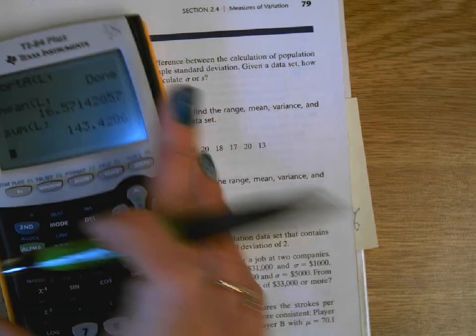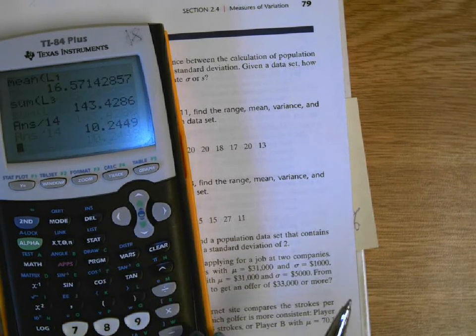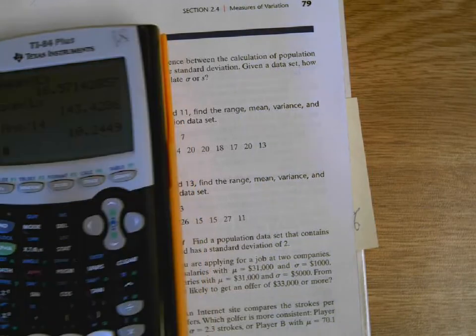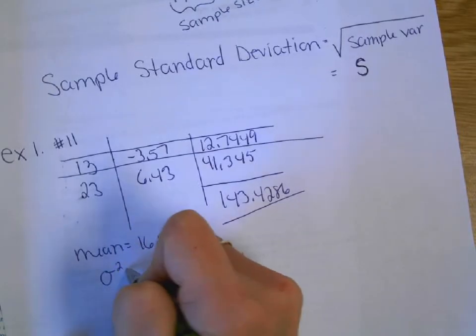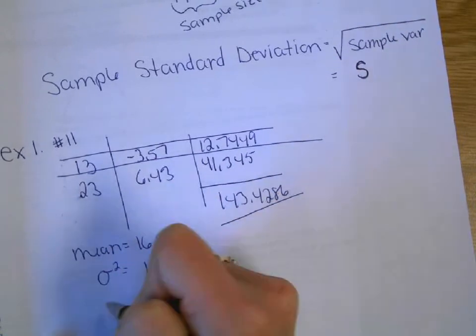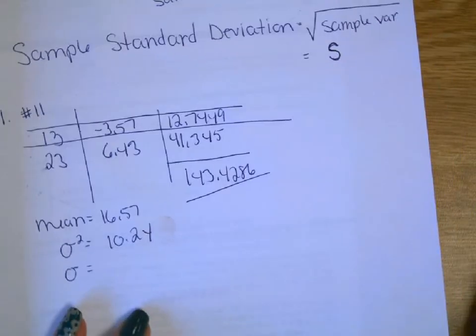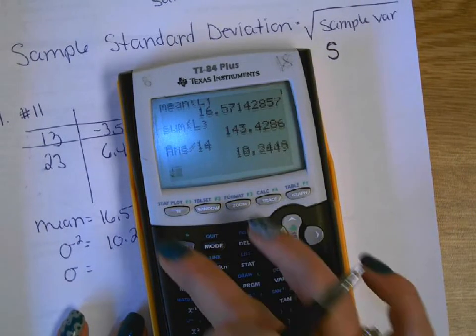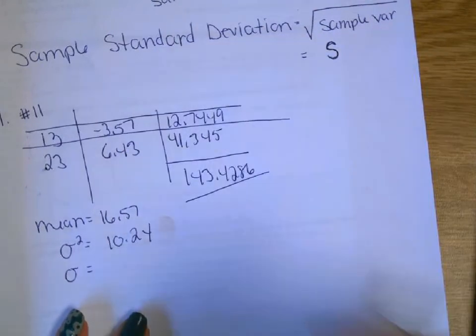So I'm going to take my number, divide by 14. I now have the variance. So the variance, I'll use the symbol, is 10.24. I will square root that to get my standard deviation, 3.20.